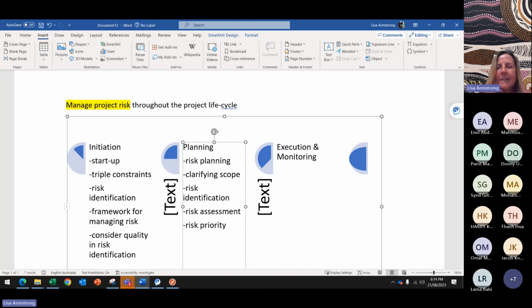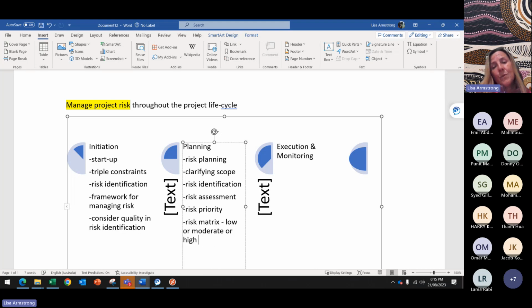And that's our good old risk matrix, isn't it? Our risk matrix around trying to understand whether our risk is low or moderate, high. And even some organisations, and I think one of the matrices we looked at had, did it have severe as a rating? Oh, am I remembering correctly?